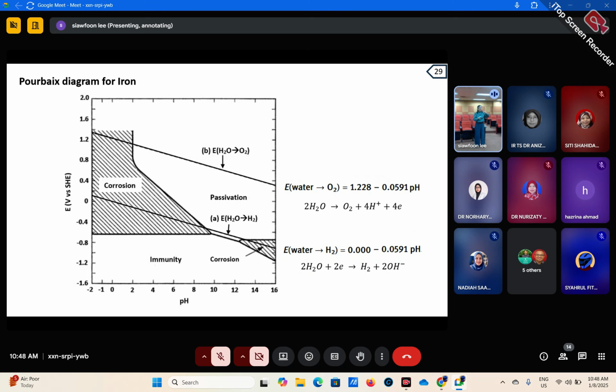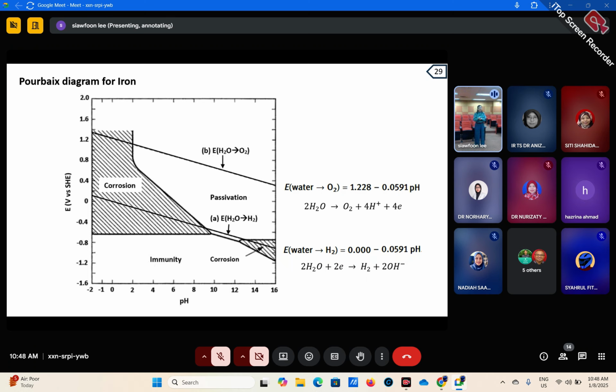And then let's say you apply it a bit too high, there's another region called anodic dissolution, and you will think that throughout this region the steel will go to passivation. But actually it's not, because there's another line here, this diagonal line, which is the potential where water changes to oxygen.